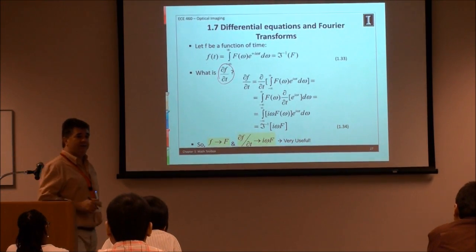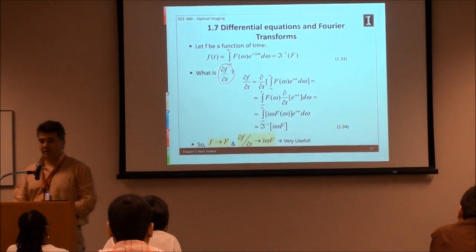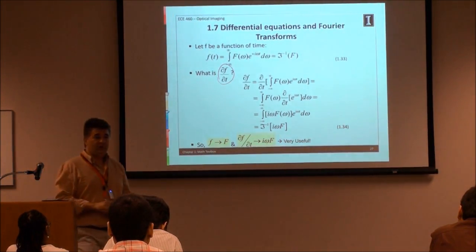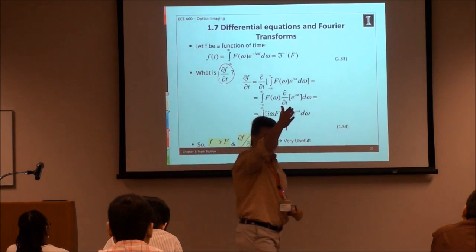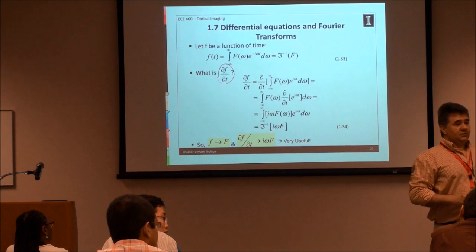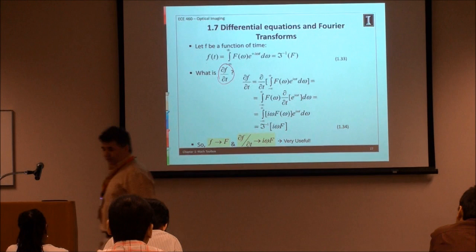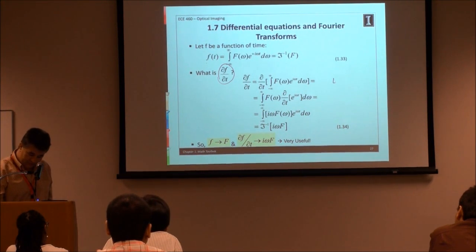What's the meaning of the i in the i omega? What's the meaning of multiplying something by i? It may look weird if you're not used to it. All the real parts become imaginary, all the imaginary parts become real. Okay, that works. Or I can think of it this way: it's e to the i pi over 2.